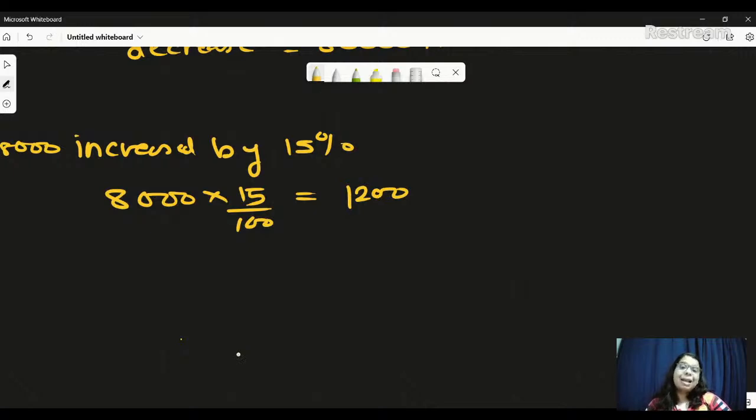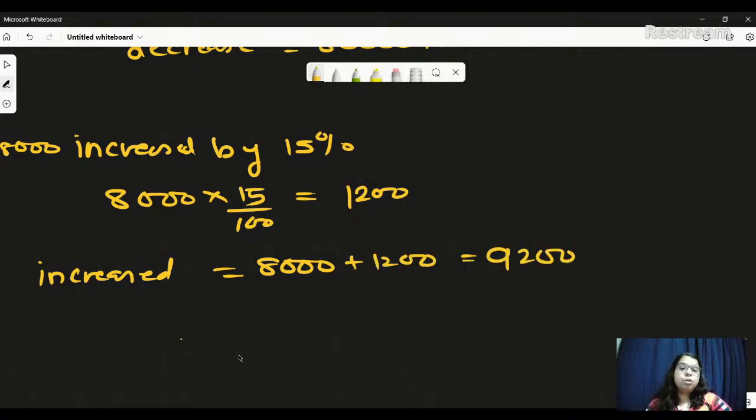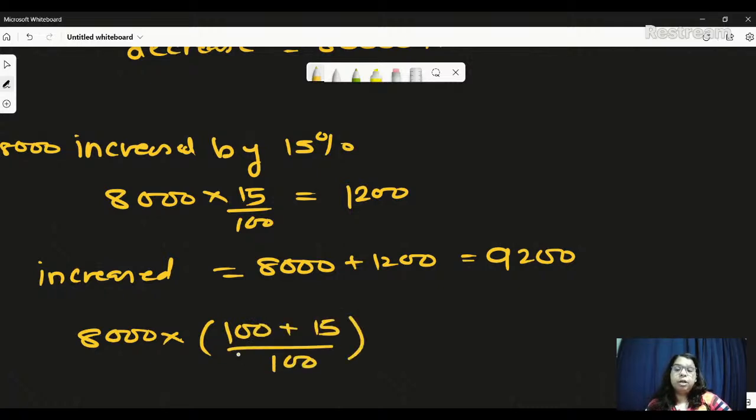And then we are going to add this 1,200. So the increased quantity is going to be 8,000 plus 1,200, which is equal to 9,200. The other method is going to be 8,000 multiplied by 100 plus 15 over 100, which is equal to 8,000 multiplied by 1.15. Let's see if we put this in the calculator, what do we get? 9,200.